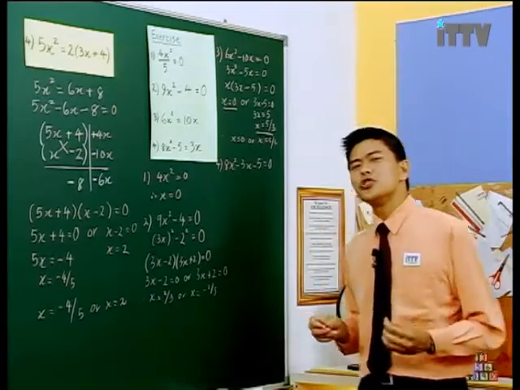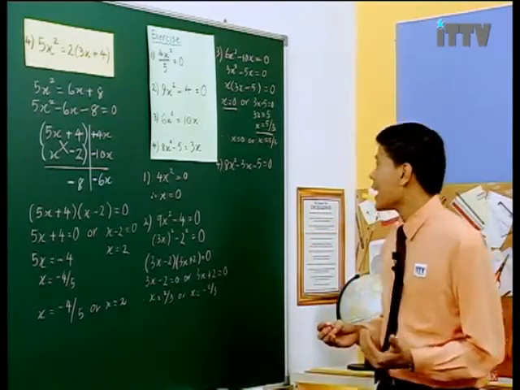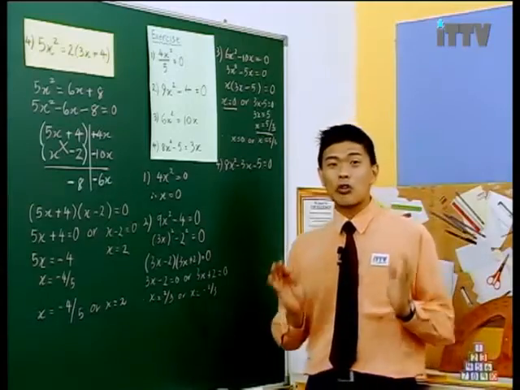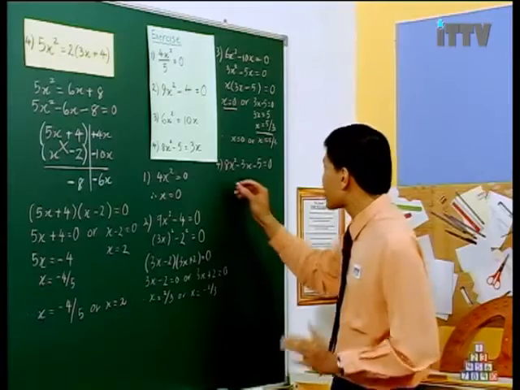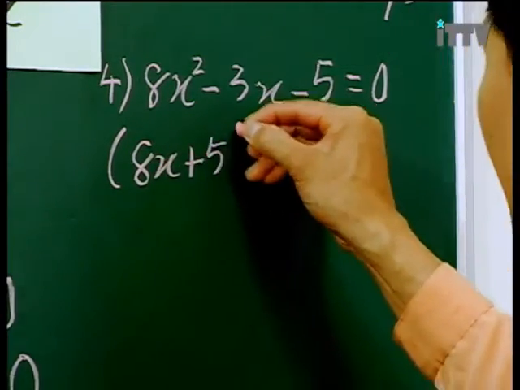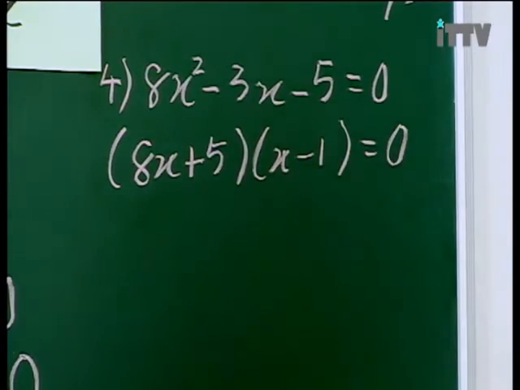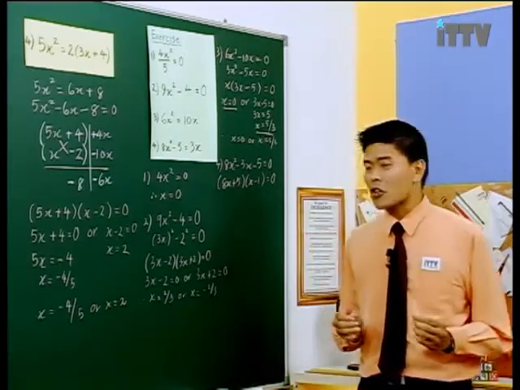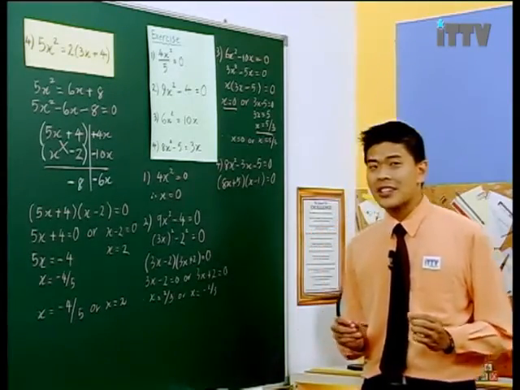Next, what should you do? Factorize where necessary, involving the cross method only for this case. I will give you straight away the factors, and they are 8x plus 5 and x minus 1. If you use the cross method, these are your two linear algebraic expressions.